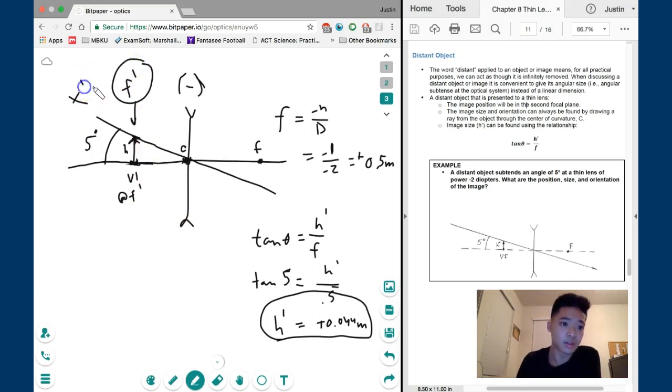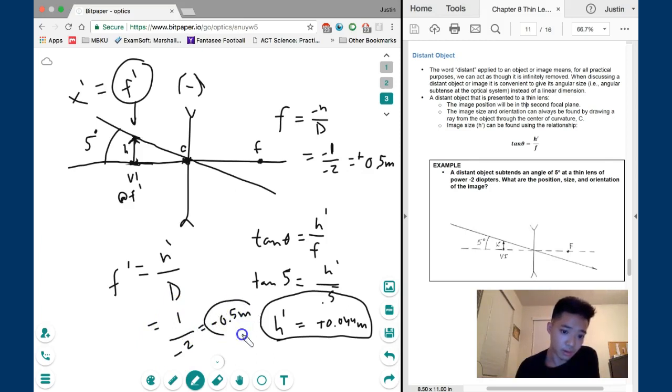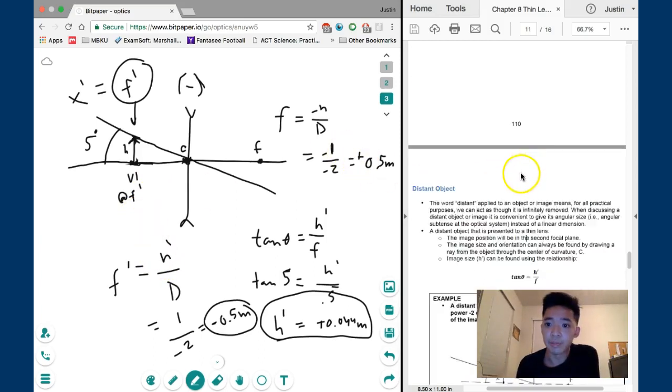This is one of those instances where x prime equals f prime, and f prime is equal to n prime over d, and that's going to be, again, 1 over minus 2, so you get minus 0.5. And that makes sense because it should be negative, because you expect it to be over on the left side. And that's distant object.